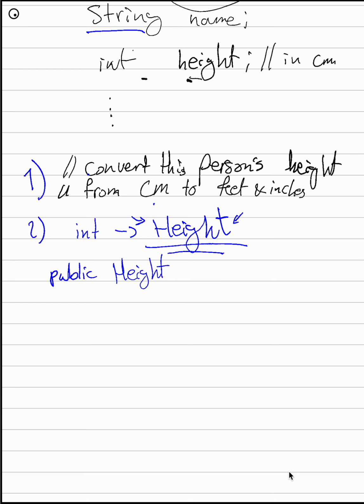So it's going to be convert to feet, and then it's going to take in the input, right? What should the input be? The input is an int. The input is height in centimeters. Right. Given that I'm writing this method in the person class, do I need this?